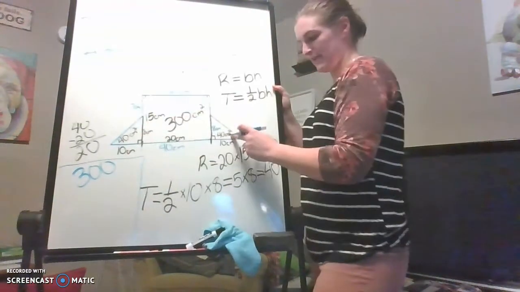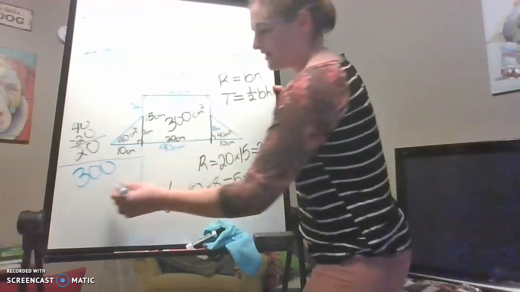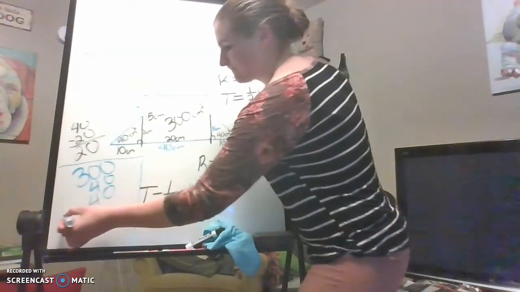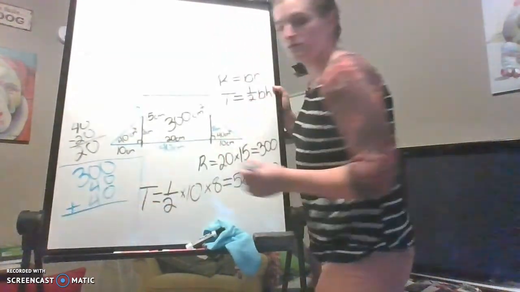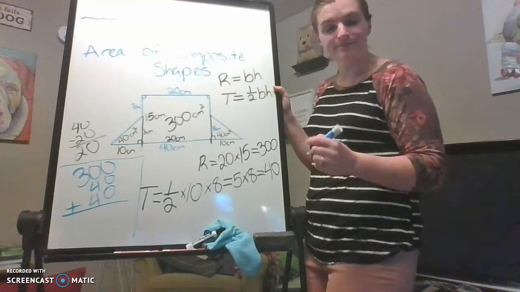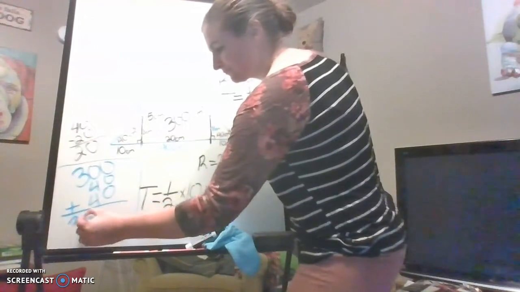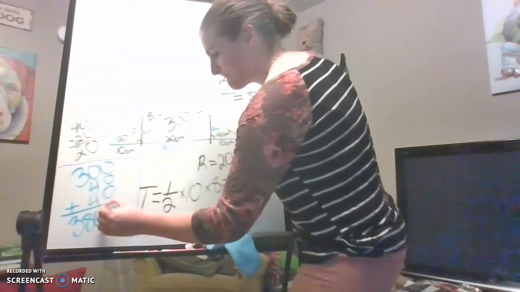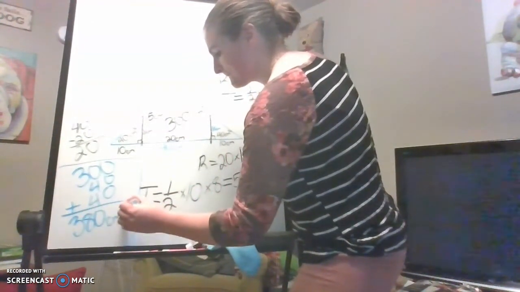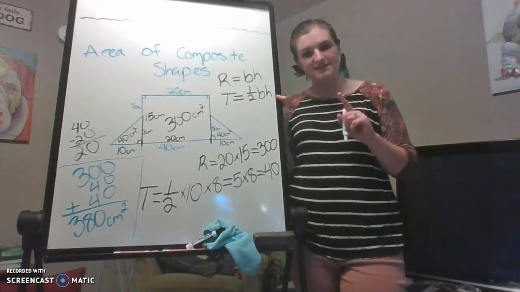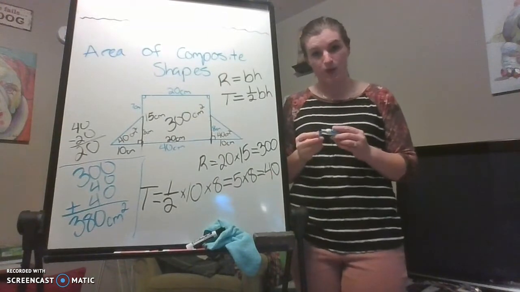And then I have 40 and 40 on either side over here. So now I can add them all up. 300 plus 40 plus 40 is going to be 380 centimeters squared.